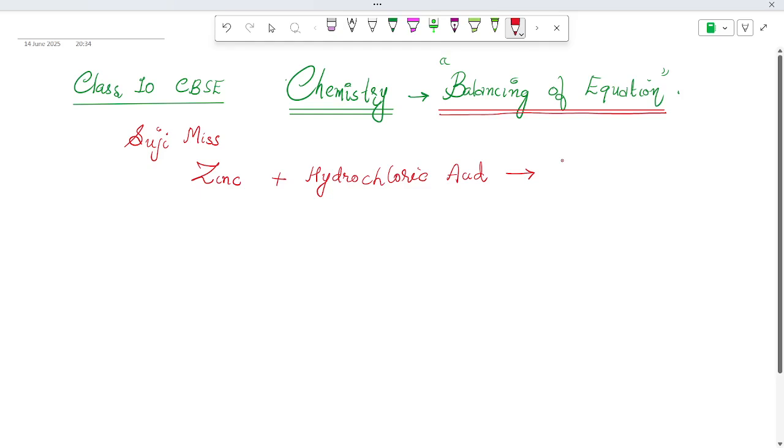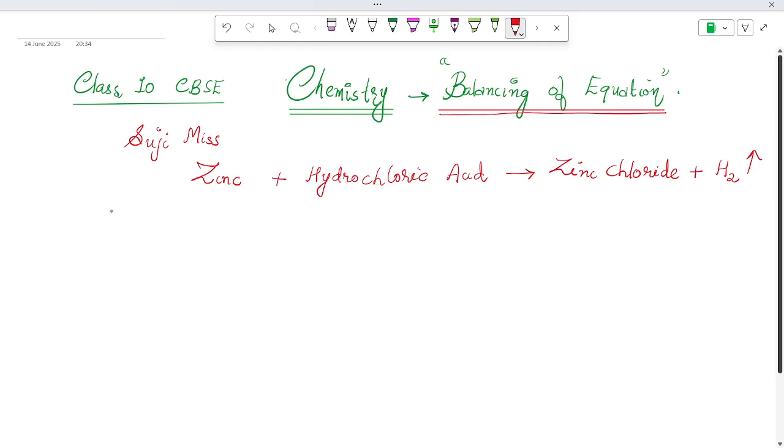What is formed? Zinc chloride, that is the salt of that metal, plus hydrogen gas is evolved. So this is the word equation, zinc reacting with hydrochloric acid giving zinc chloride and hydrogen.